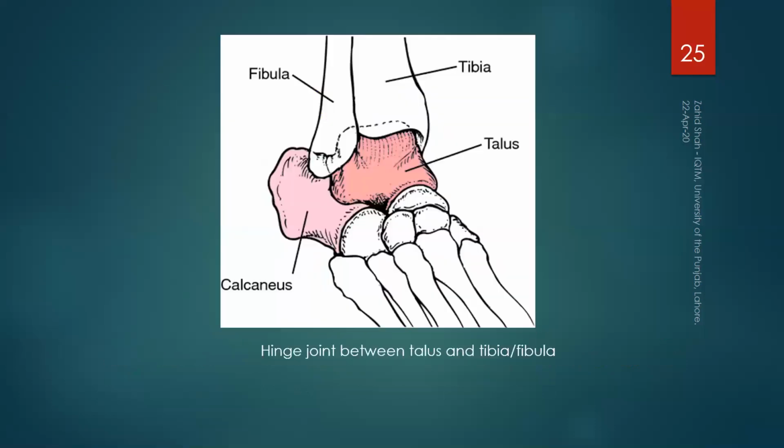So that is an example of hinge joint. Your ankle joint is also an example of hinge joint. So we saw that the joint formed over here between fibula and tibia was actually a fixed joint. But the collective joint between fibula, tibia and talus, which is the first tarsal bone, so this joint that is formed over here, that is your ankle joint, and that is actually a hinge joint.